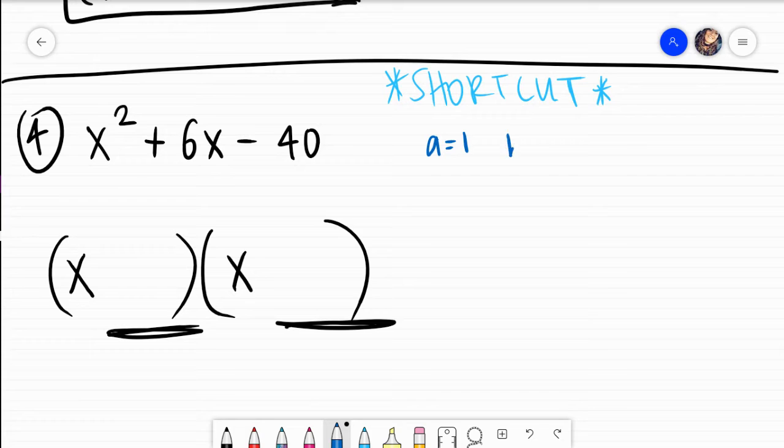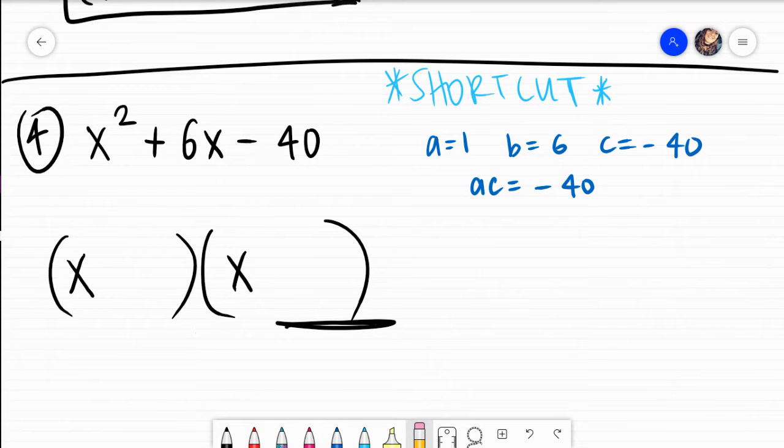A is 1, B is 6, C is negative 40. A times C would give me a negative 40. So that's what I'm looking at. What 2 numbers multiply together to give me a negative 40, and at the same time can combine together to give me a positive 6?